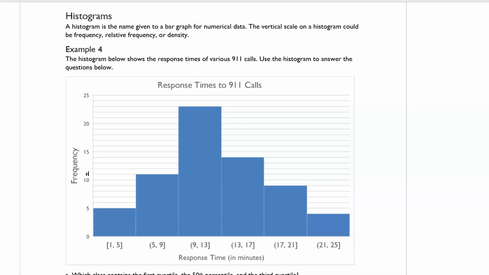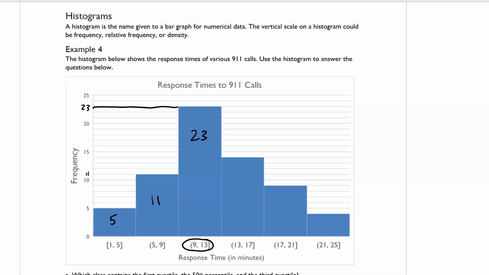And then the most common response time was somewhere between 9 and 13 minutes. And out of all of them, that looks like 23. So there were 23 911 calls where the response time was somewhere between 9 and 13 minutes.